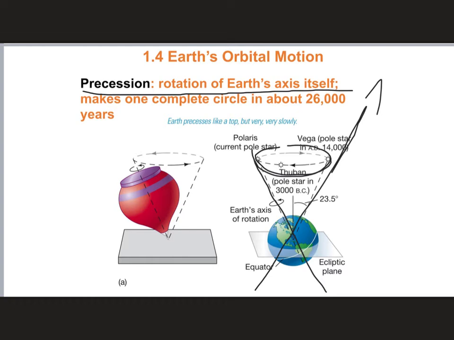The effect of that means that basically you will see different constellations in the night sky because the way that the Earth is oriented has changed. We see different constellations in the summer than we see in the winter, and that will be reversed in 13,000 years. So the constellations we normally see in the winter months now, in 13,000 years, would be seen in the summer months, and vice versa.